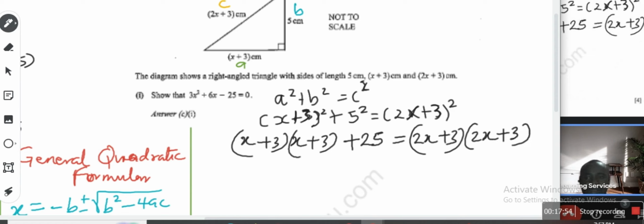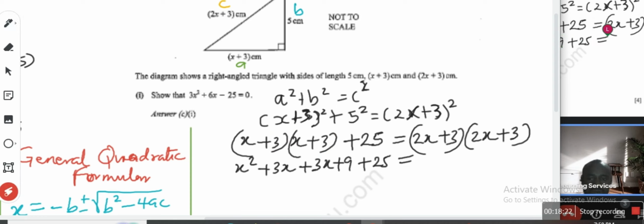Okay, so we can actually carry out the expansion. This will give us x squared, which is x times x, then x times 3. That will give us plus 3x, then the other one, 3 times x, and 3 times 3 will give us plus 3x again, then plus 9, then plus this 25 here equals, we expand this other one, this times this, and this times this.